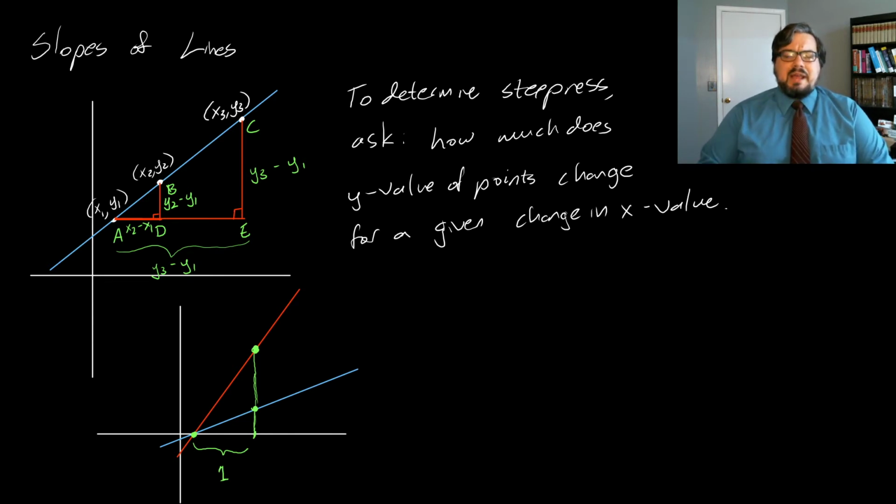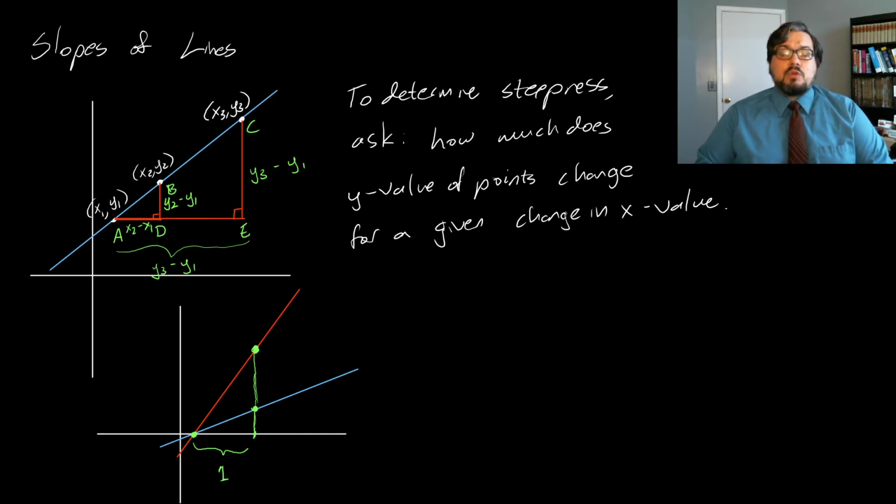We want to compare how much our y values change based on how much our x values change. The way that we're going to do that is we're going to look at the quotient, the ratio of the change in the y values divided by the change in the x values.